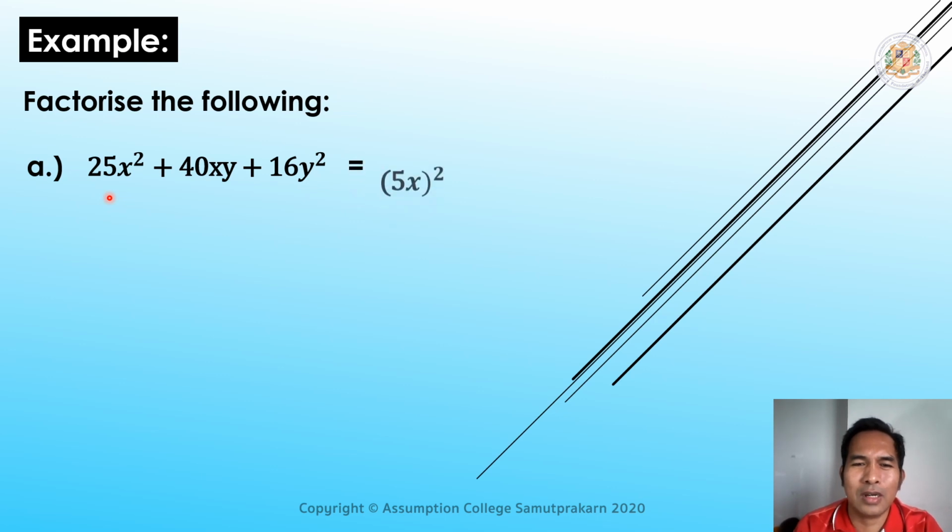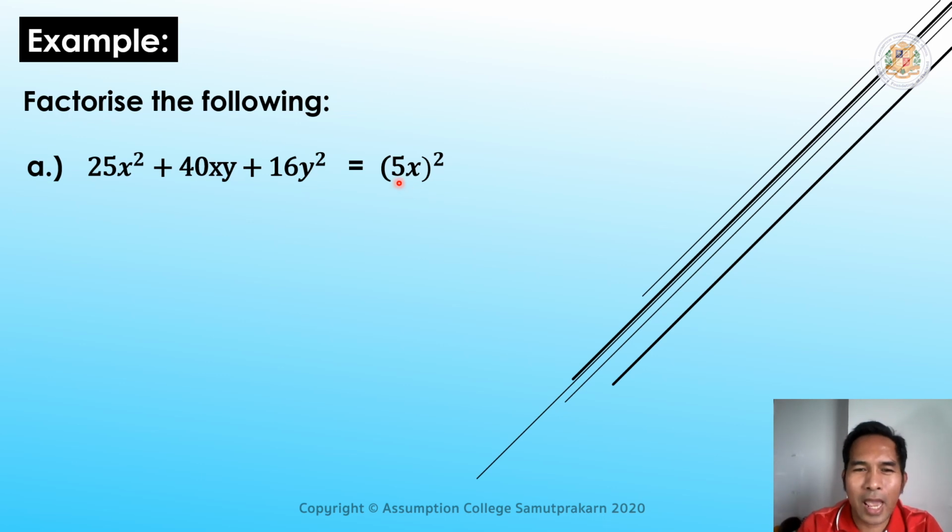So we have here 5x quantity squared. Why? Because 5 squared is 25, and x to the power 2 is x squared. So we have the same. We just change this one into the power 2 style so that we will have the same as the formula.